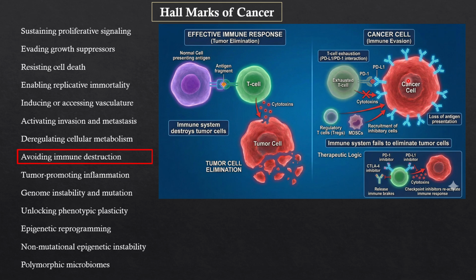Basically, the cancer cells will express certain proteins like PDL1 and PD1. T cell exhaustion is due to the PDL1 and PD1 interaction. They bind to these cancer cells, and the cytotoxins are not released. As a result, regulatory T cells, or Tregs, and MDSCs recruit the inhibitory cells, and there will be a loss of antigen presentation, and the immune system fails to eliminate the tumor cells.